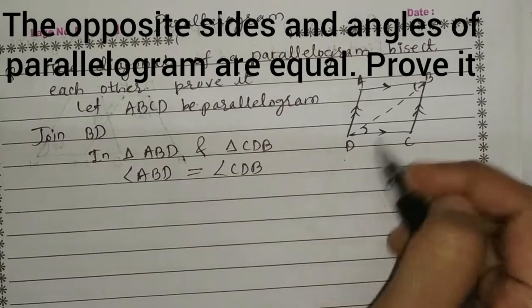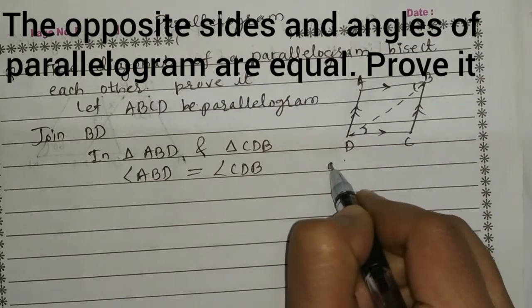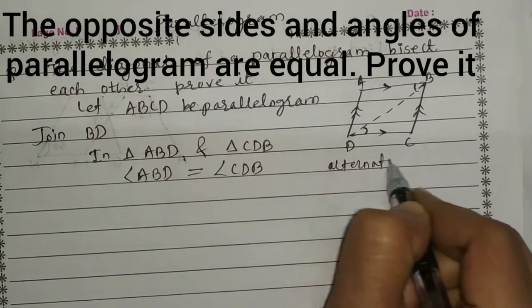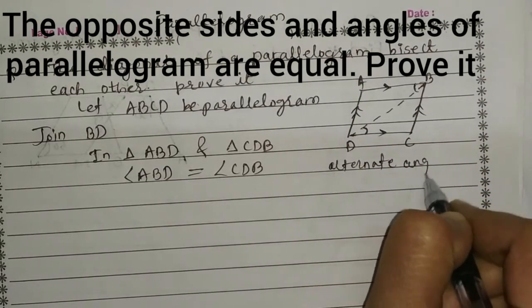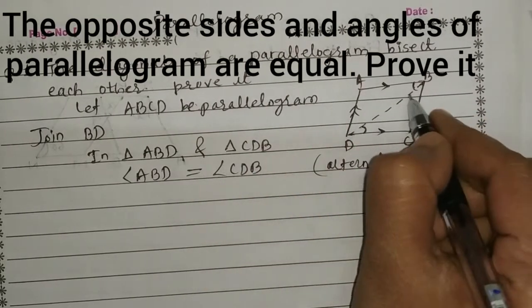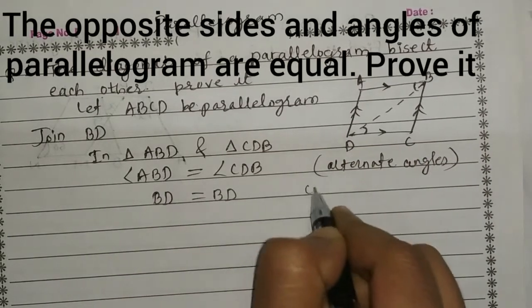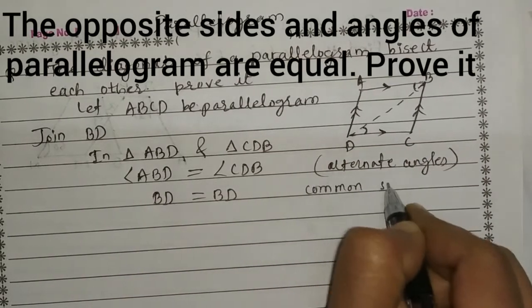And the reason is that alternate angles are equal, as the lines are parallel, because this AB is parallel to this DC. And we have this BD as a common side. So BD is equal to BD.